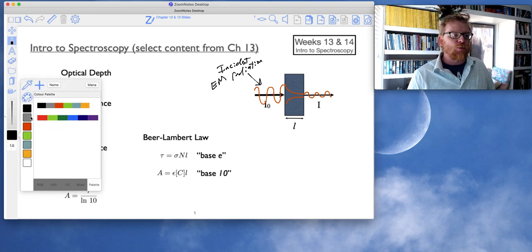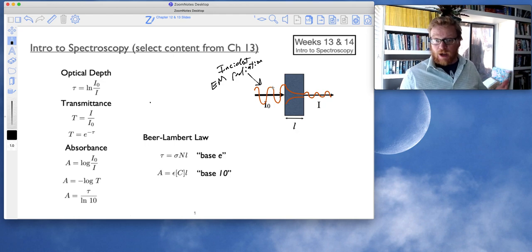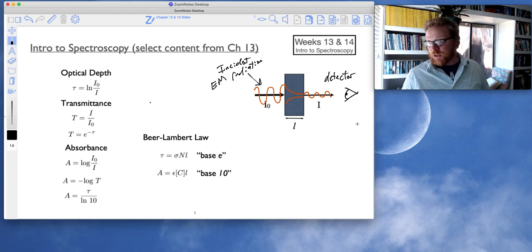This is why we typically look at low concentrations in spectroscopy, so we can make sure our incident radiation comes through so that we can detect it.